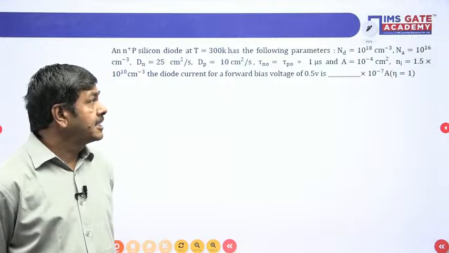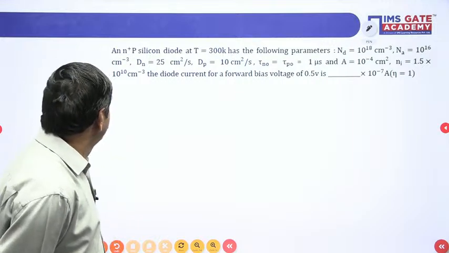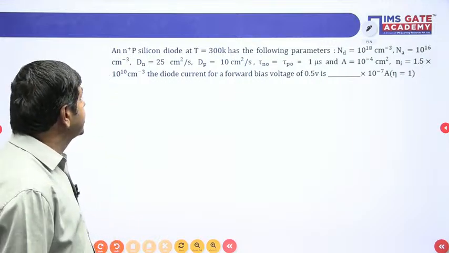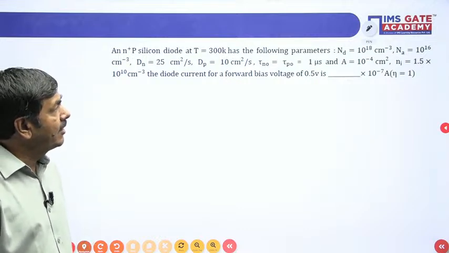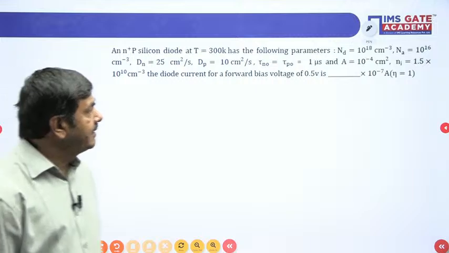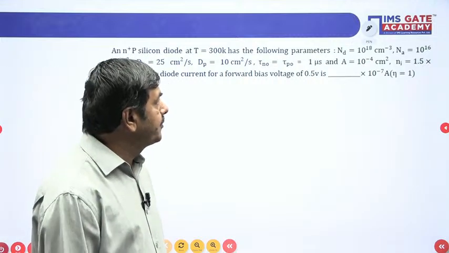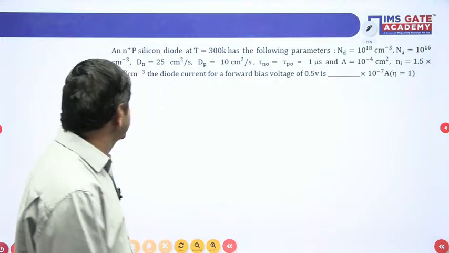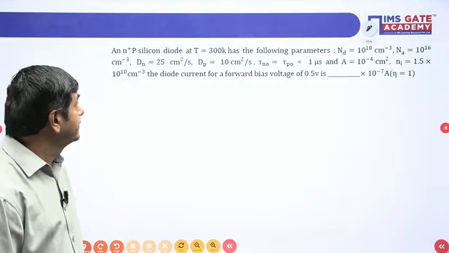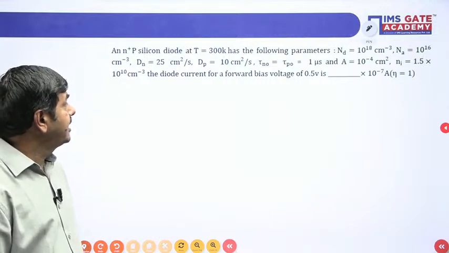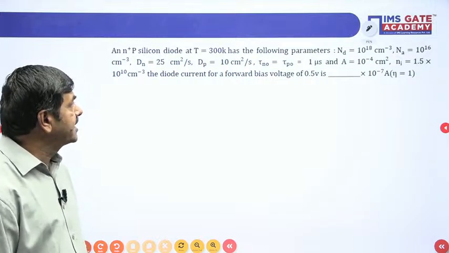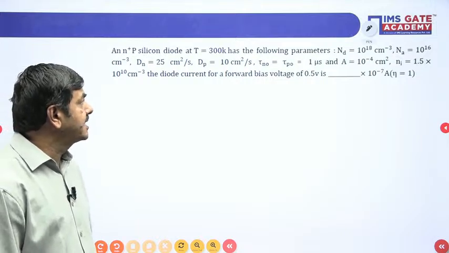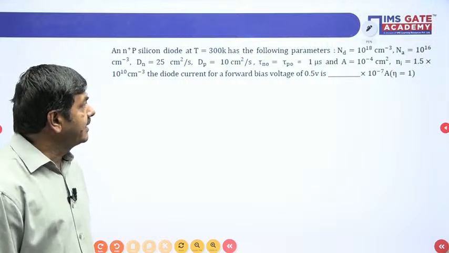What is given in this particular problem? An N plus P silicon diode at T equal to 300 Kelvin has the following parameters. Nd equal to 10 power 18 per cm cube, Na equal to 10 power 16 per cm cube. Dn is the diffusion coefficient, Dn equal to 25 cm square per second, Dp equal to 10 cm square per second.